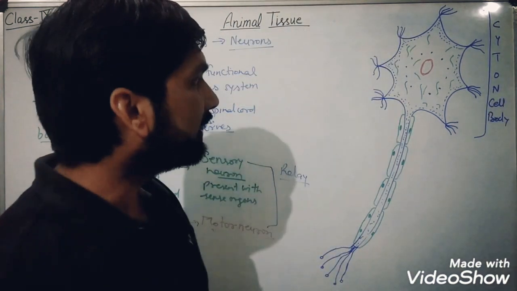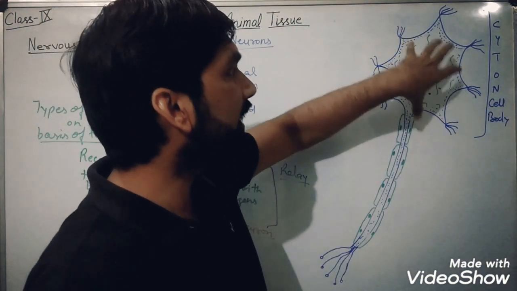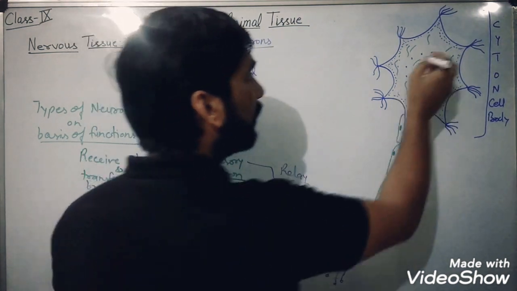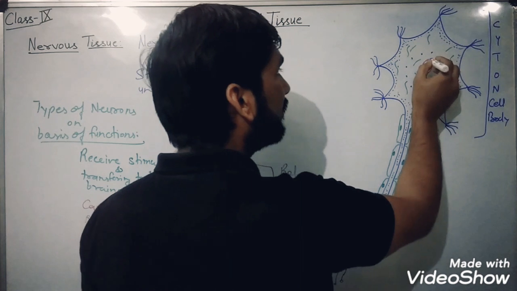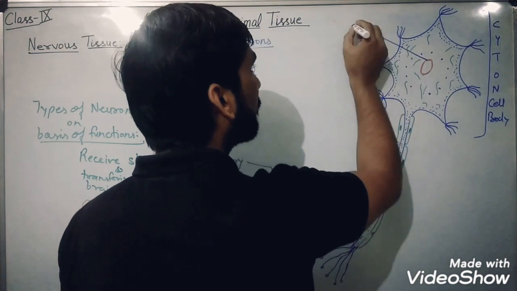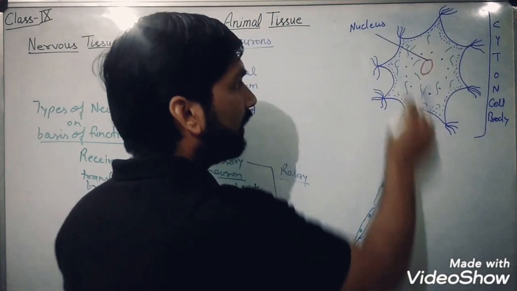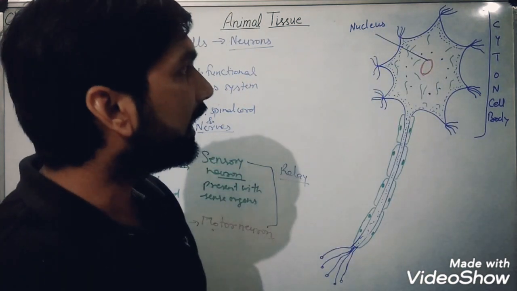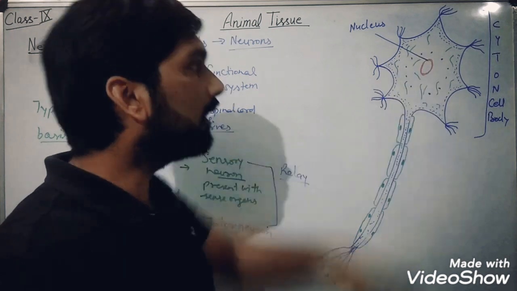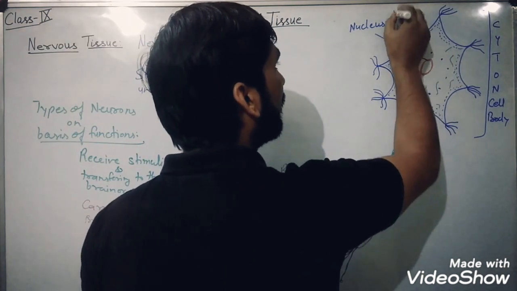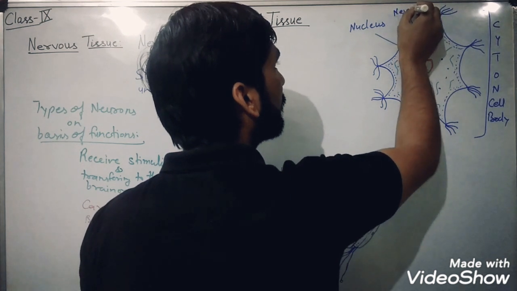This main region, which has the nucleus with it, is known as the cyton or cell body. This is the nucleus. The cytoplasm of a nerve cell or neuron is known as what? Neuroplasm.